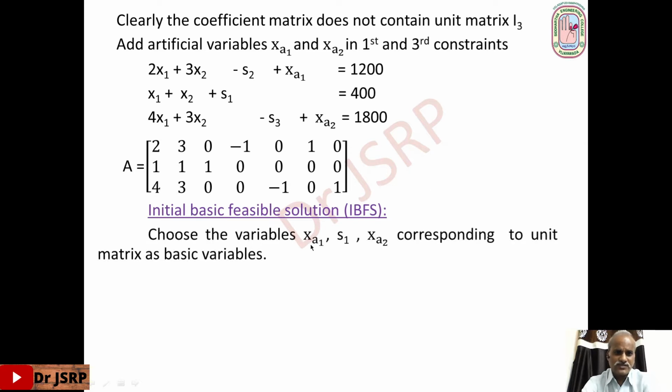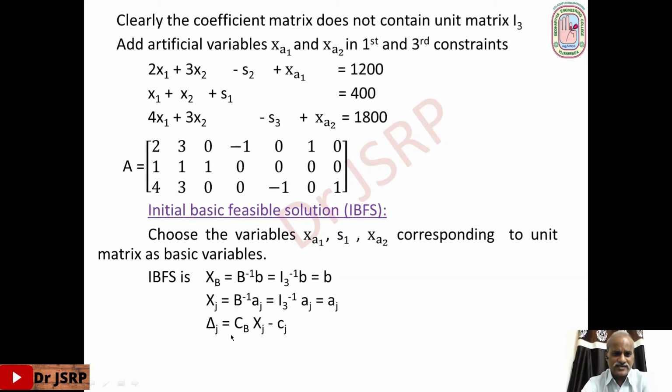Choose the variables xa1, S1, xa2 corresponding to the unit matrix as basic variables. Now the initial basic feasible solution is XB equal B inverse b as usual, that is small b, and the column corresponding to each variable Xj equal B inverse aj, that is aj, and scalar delta j equal CB Xj minus cj.